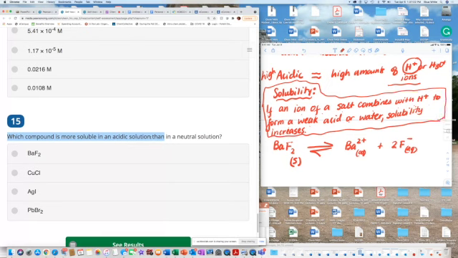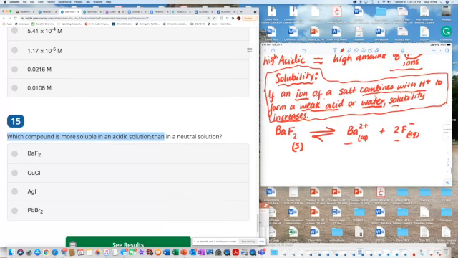So apparently one of the ions, because I said if an ion, either this or this, will combine with the H plus. That's where the H plus comes in. If it does form a weak acid or water, it forces the solubility to increase. So this is what we're going to be checking for both ions.